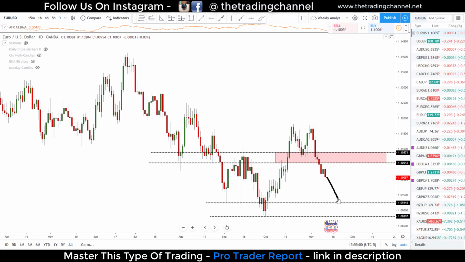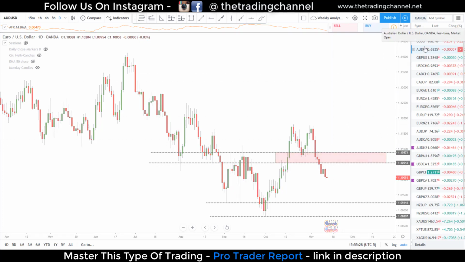Now, if this market decides to go down instead of up, I'll be looking right here at the most previous level of structure support for support in general to see this market get a counter trend bounce for the same exact reasons we talked about. Looking left, there's multiple times this level's been tested and reacted from by this market. So that's all I'm looking for in terms of trading here on the euro dollar, at least in terms of my higher time frame trades.